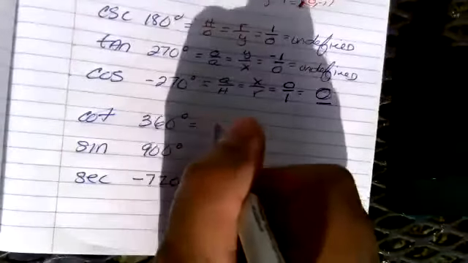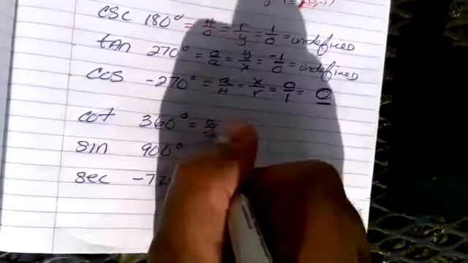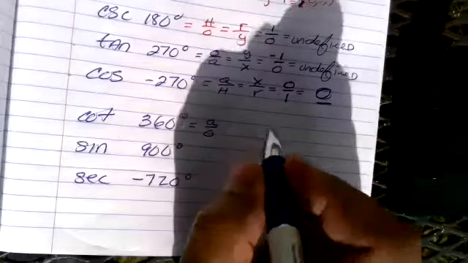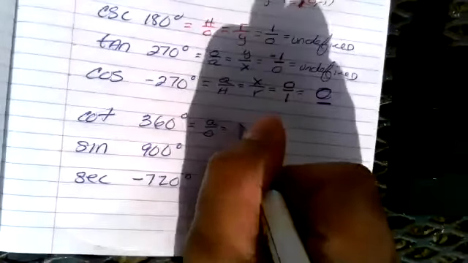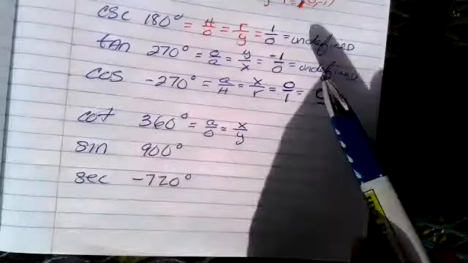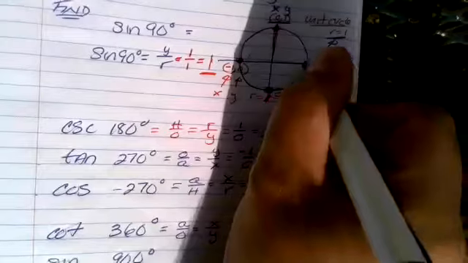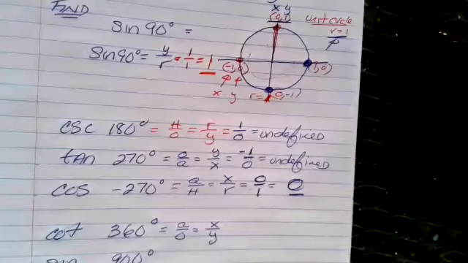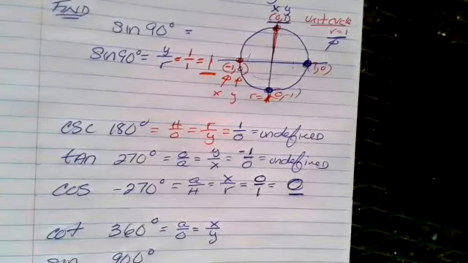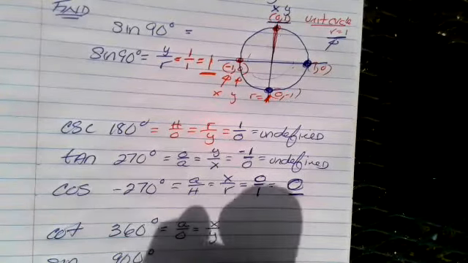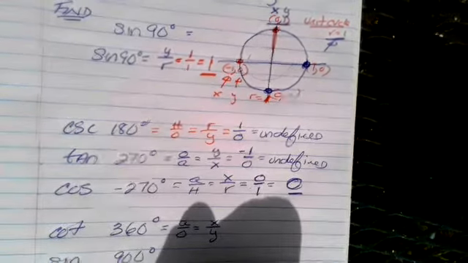Cotan is the reciprocal of tan, so it's adjacent over opposite, x over y. And 360 degrees is over here. It would be a coterminal angle to 0. So what's my x?